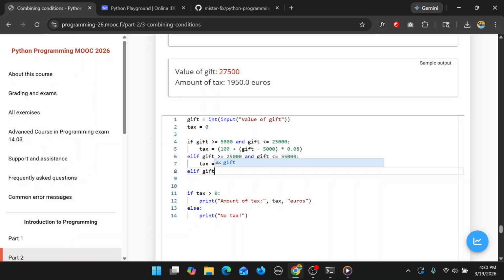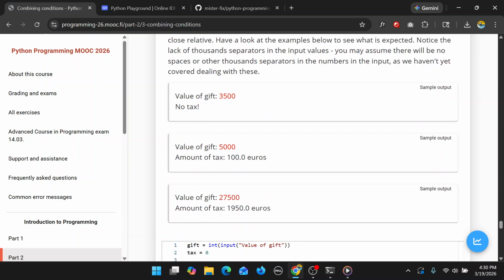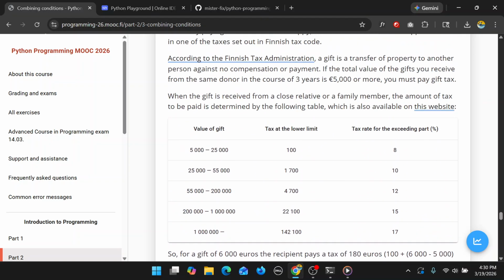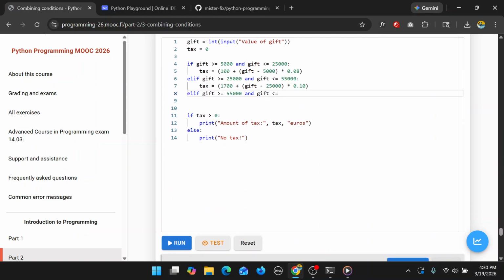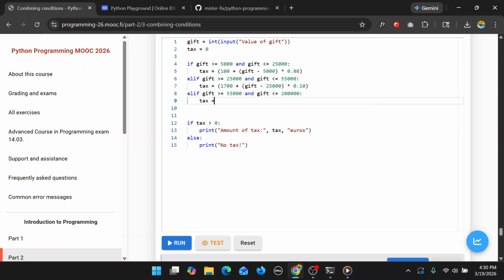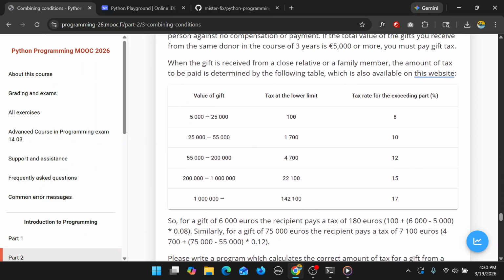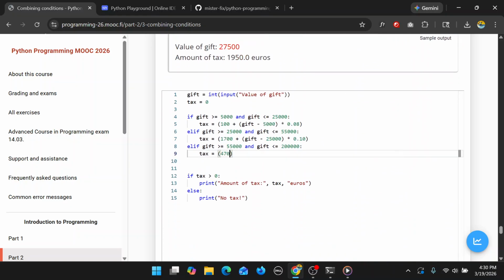Then we'll say else if gift is greater than or equal to 55,000 and less than or equal to, I think it was 75,000. No, it's 200,000. Then we're going to say tax is equal to the lower limit, which is 4,700 euros, plus gift minus the lower limit of 55,000 times exceeding tax rate of 12%.